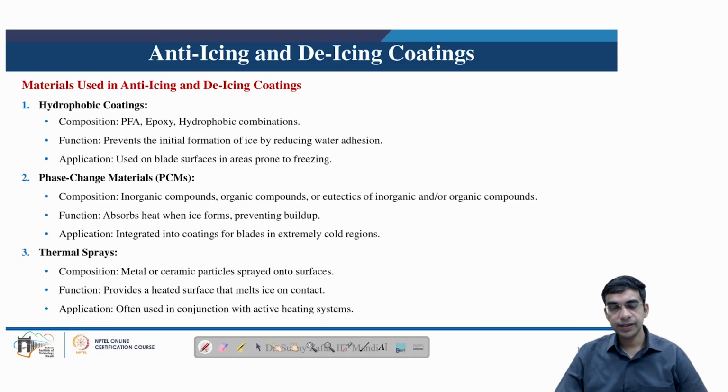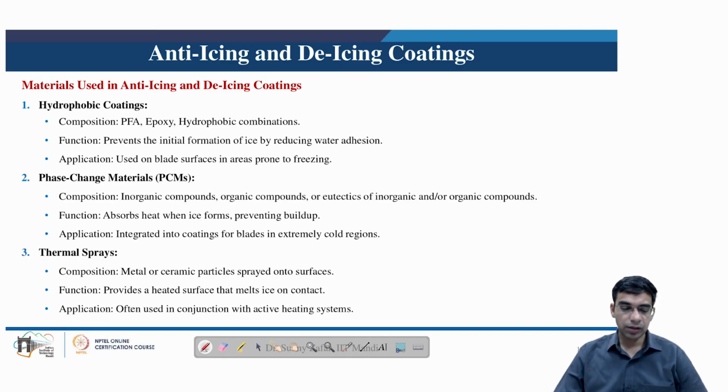Next are the phase change materials. In this, the composition includes inorganic and organic compounds or eutectics of these compounds. The function of this phase change material is to absorb heat when ice is formed, therefore preventing the buildup of the icing layer.